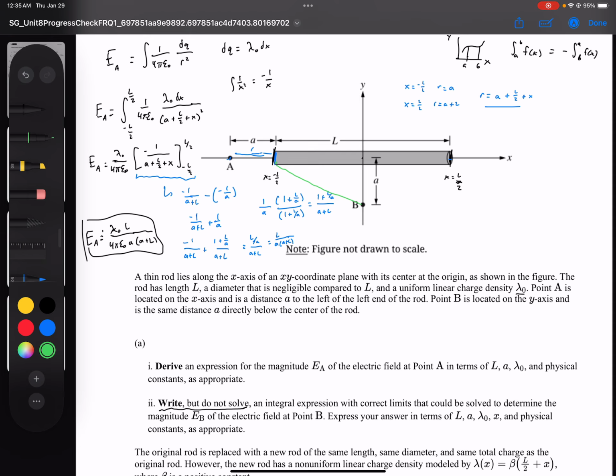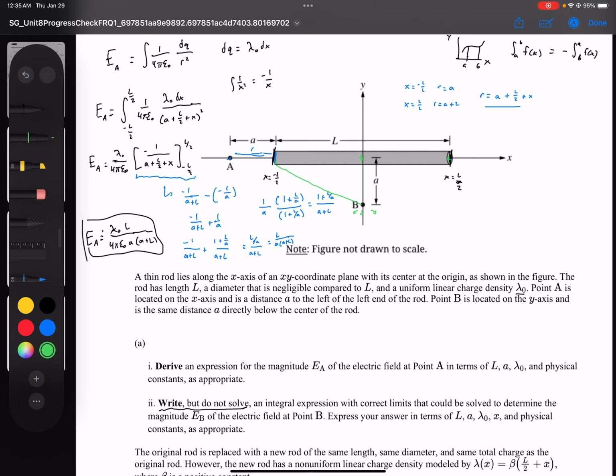So here I have some electric field from this little infinitesimal piece of charge on this rod, and it's going to be generating a field. So how the field is going to be affecting this point, I'm going to have some field going this way. And then when I go across the rod, from the middle, it's going to be going down this way, and then I have this little element here.